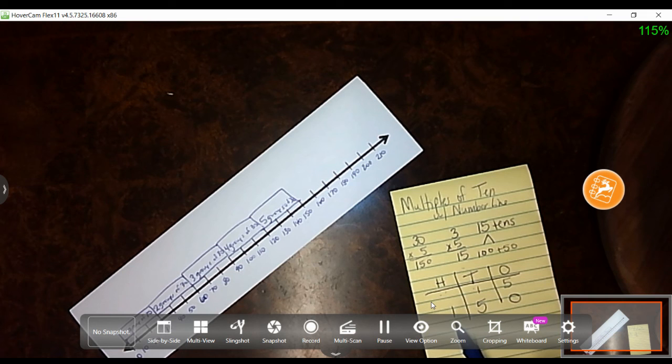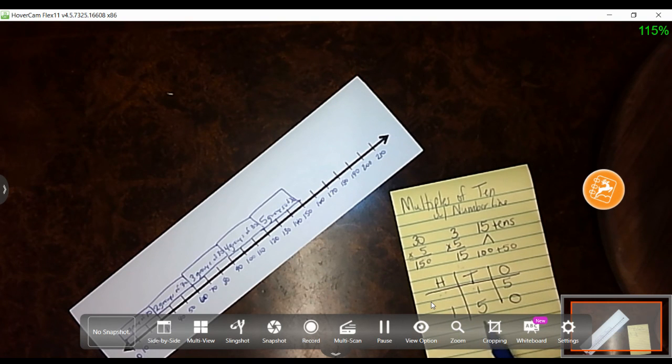So as you are working with multiples of 10, I want you to first think about what you know about just the single digits and these factors and how they relate to one another. And then I want you to think about, well, what if it got 10 times larger?